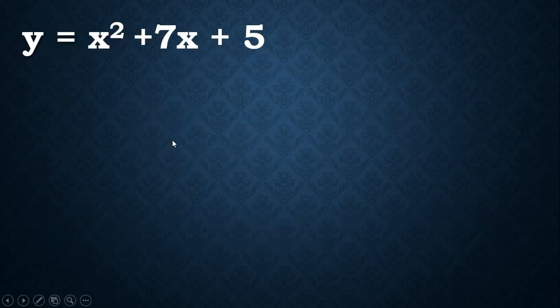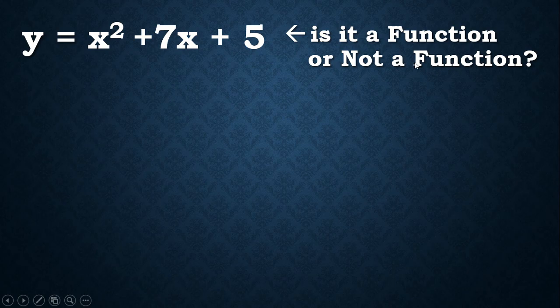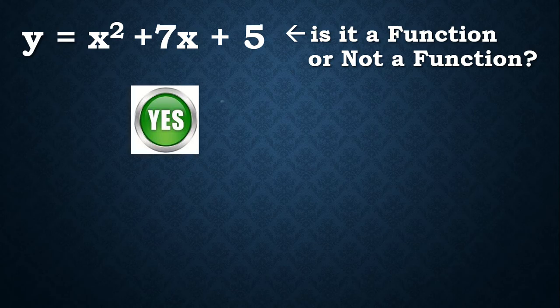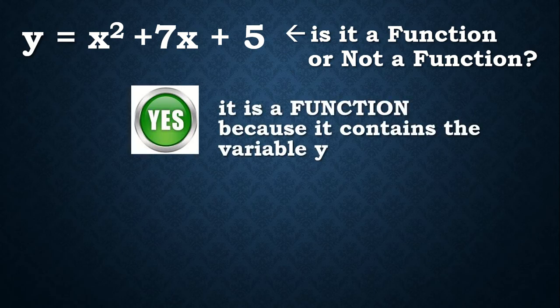Next. Suppose we have y is equal to x squared plus 7x plus 5. Again, is it a function or not a function? Yes, it is a function because it contains the variable y.